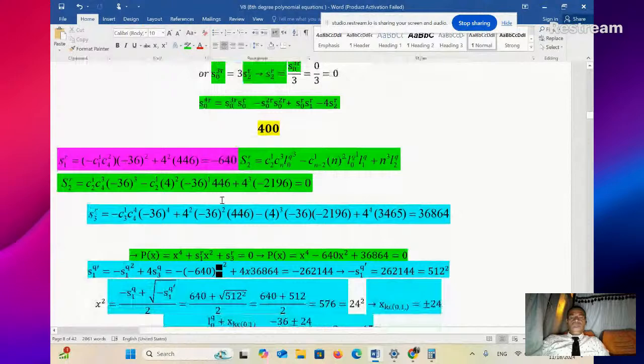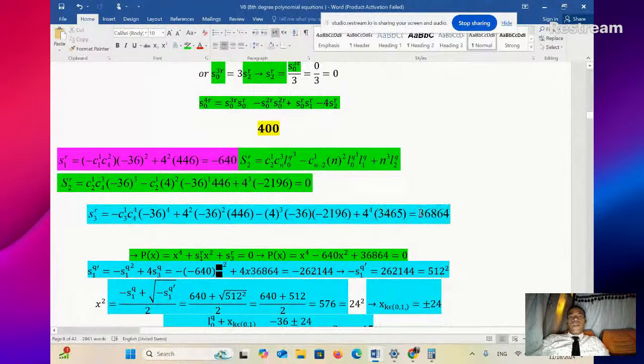Now S3 remains. S3 equals just substitution: combination 3 choose 1, minus 4 choose 1, which is 1, times negative 36, plus 4 squared times negative 36 squared times 406, minus 4 cubed times negative 36 times negative 8,196, plus 4 raised to 4 times 3,165.